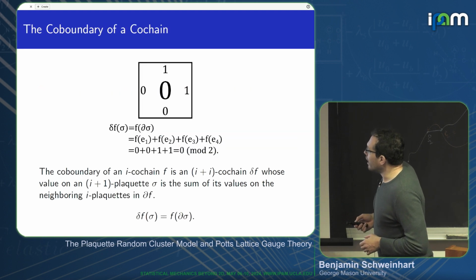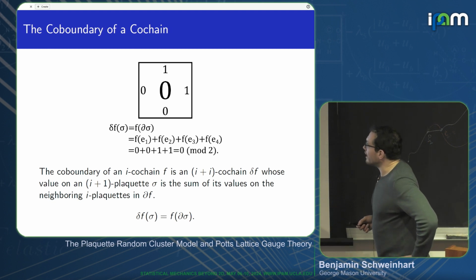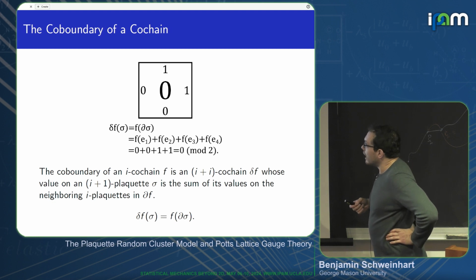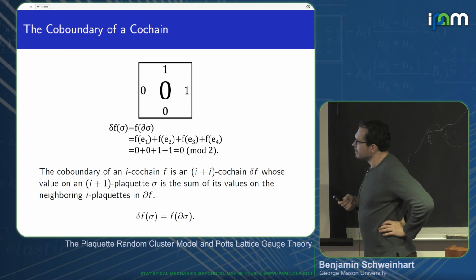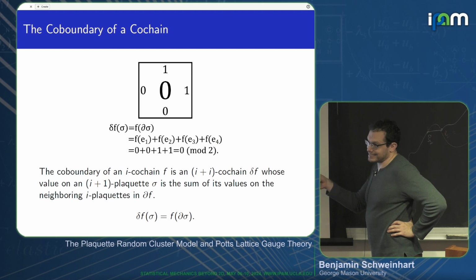The key algebraic operation on cochains, which corresponds to a discrete derivative operator, is the coboundary. I already mentioned that the coboundary of a 0-cochain assigns to an oriented edge the difference in spins on the incident vertices.